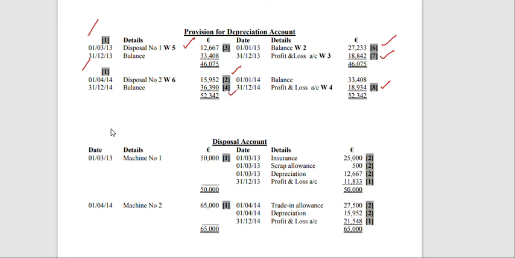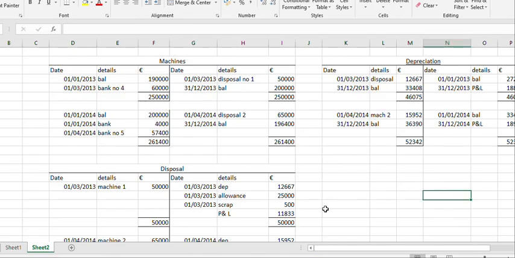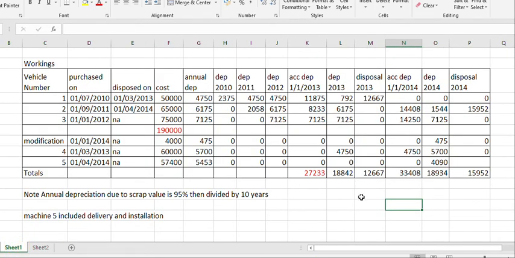So that's worth, what is it, 13, 21, 25, 27, 30, 32 marks for that. And all those figures, remember, are coming from the workings. They're all there in the workings. So that's why the workings are so important.